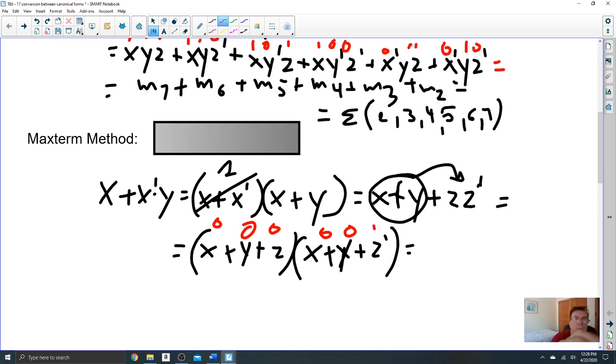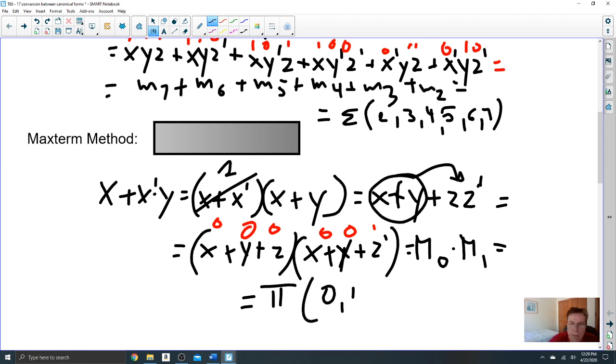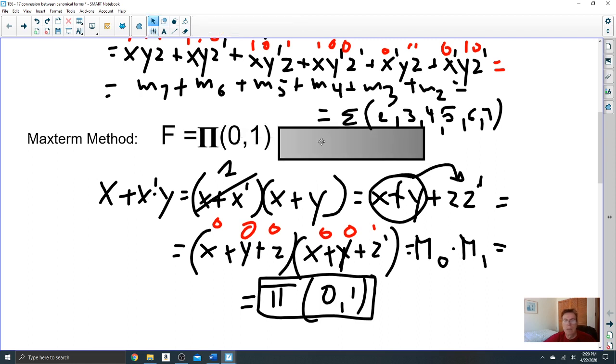Alright, so it looks like we have max term 0 times max term 1. And this is a product, that means we have to use pi, which denotes the product in mathematics. Product of max terms 0 and 1. And that's our answer right here. Let's see if we did it correctly. Let's check. Here we go. Okay, we're doing well.